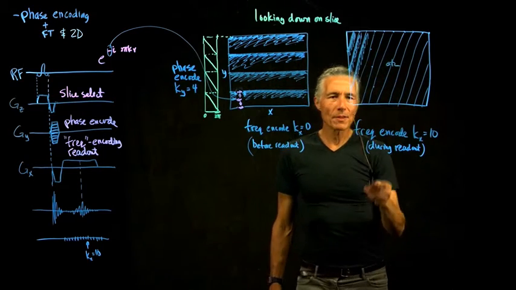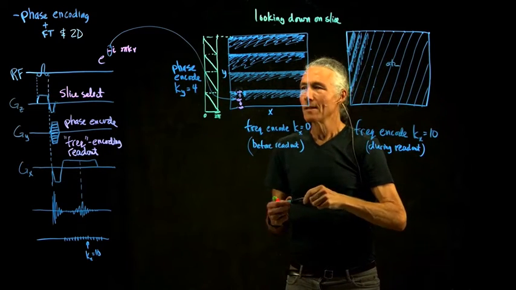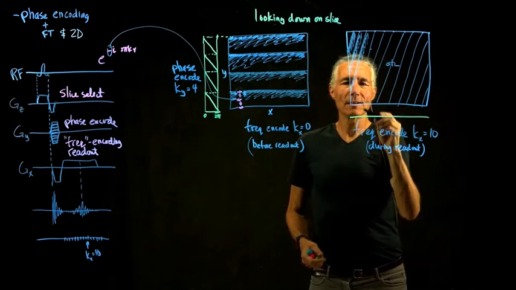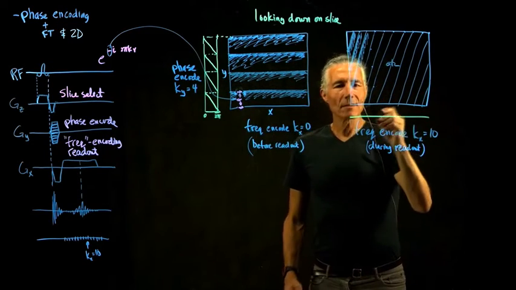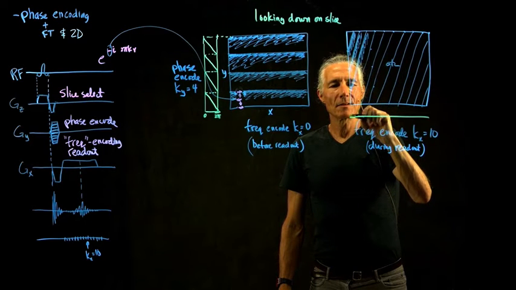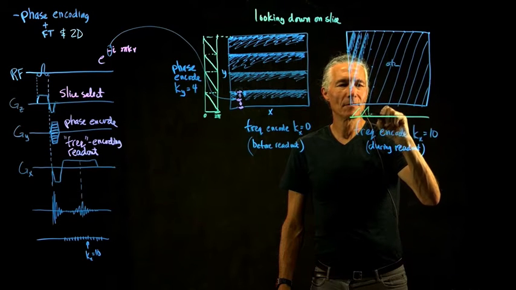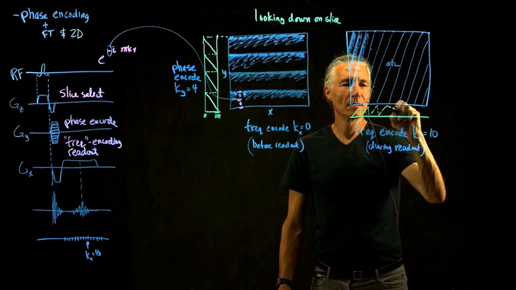So if we draw the phase going in this direction, what does it look like? Well, it looks like it starts at 0, and then it goes up, and then it goes down, up, down, up, down, up, down.